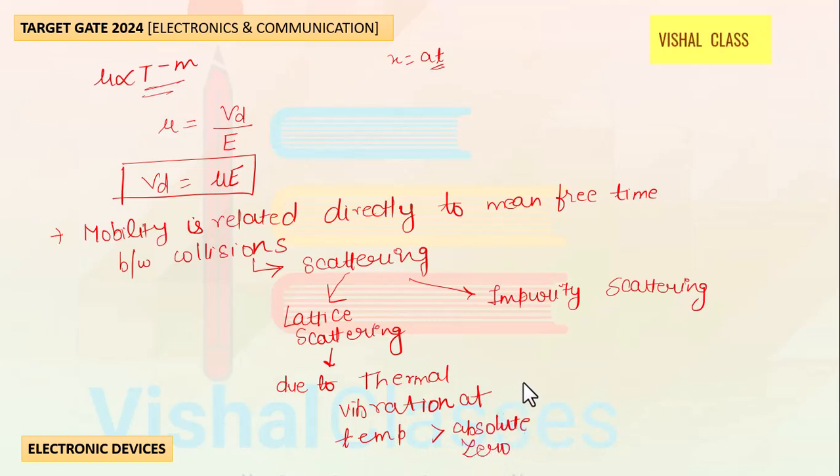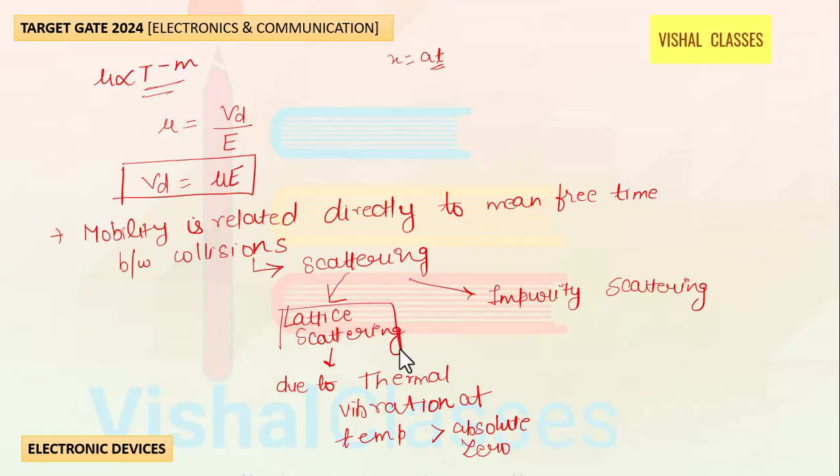These vibrations will disturb the lattice potential and allow energy to transfer between carriers. As there are more vibrations, temperature increases. This lattice vibration increases with temperature.